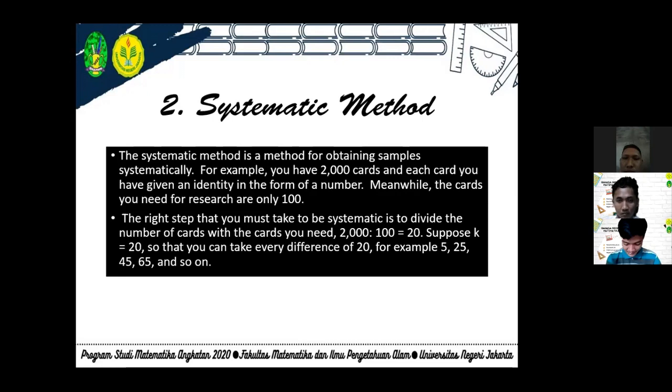For example, you have 2,000 cards, and each card you have given an identity, taking only the cards you need. Suppose every difference, for example, 20, 65, and so on.